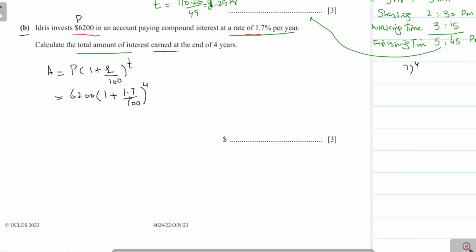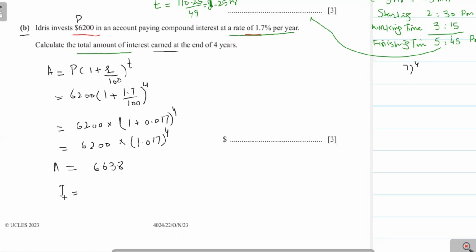T is the time, 4 years. We can write 6,200 multiplied by 1 plus 0.017 power 4, and this will be equal to 6,200 into 1.017 power 4, and this will be equal to 6638, the amount after 4 years.